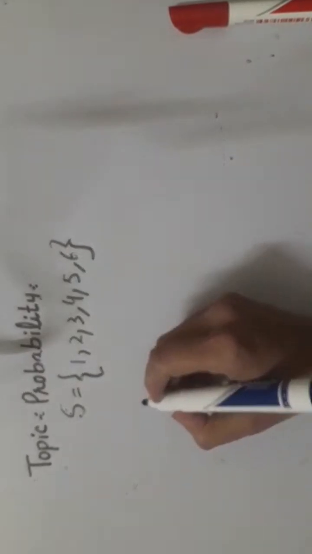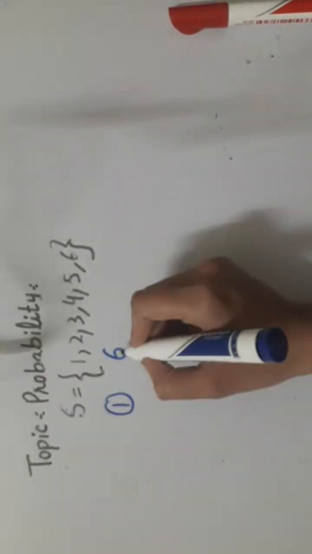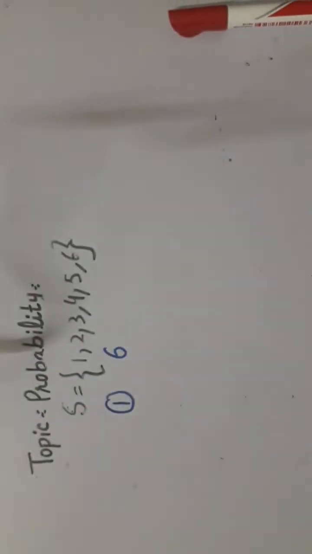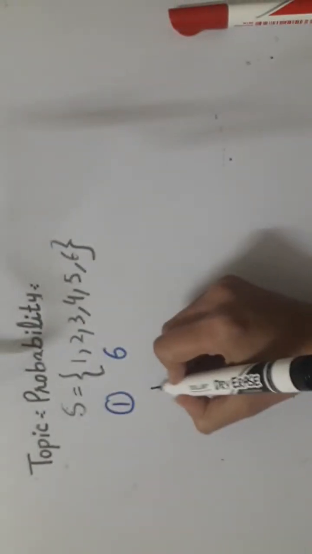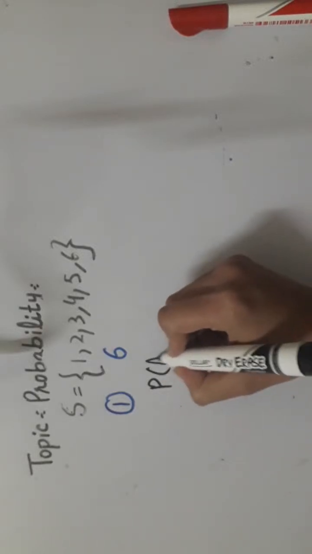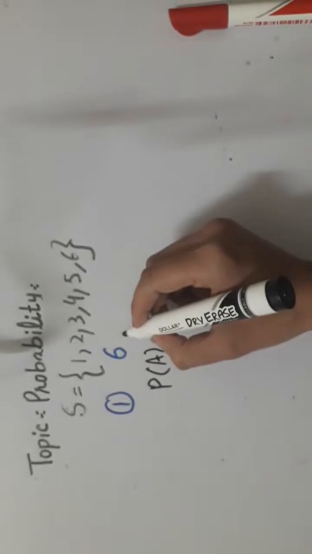And the first event is, what is the probability that the number is 6? So you will write the answer that you get 6. So the probability will be, the number of outcomes is 1.